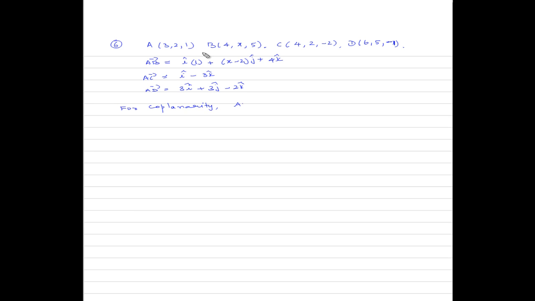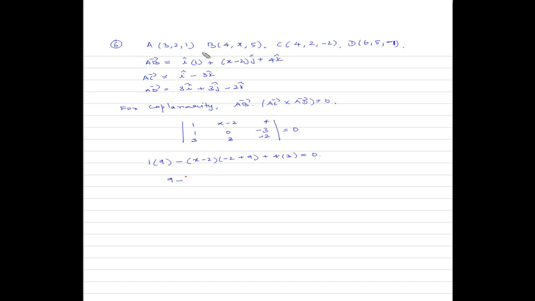So for the condition of coplanarity, we know that AB vector dot AC vector cross AD vector is equal to 0. Applying this condition, we have determinant of rows 1, x minus 2, 4; 1, 0, minus 3; 3, 3, minus 2 is equal to 0. So expanding, 1 into 9 minus of x minus 2 into minus 2 plus 9, plus 4 into 3 will be equal to 0.